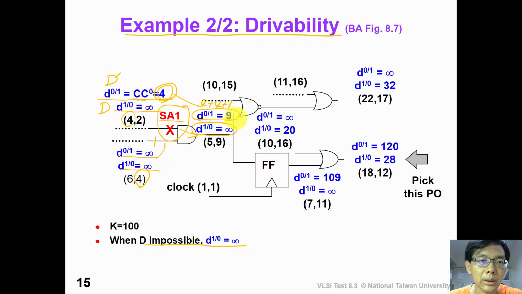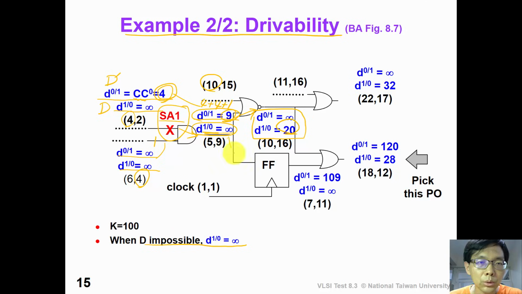And then we can further propagate this drivability through this NOR gate. So D01 is infinity since the input D10 is infinity. And the output D10 is 20, which is 9 plus 10 plus 1.